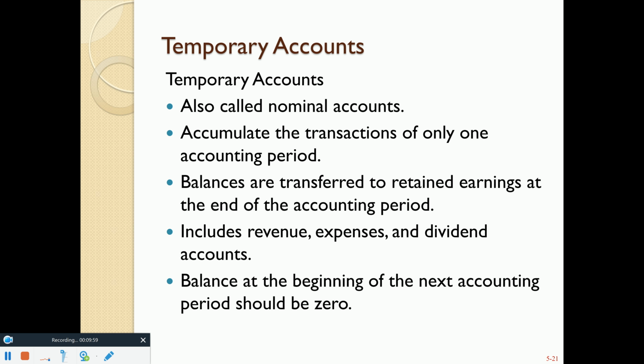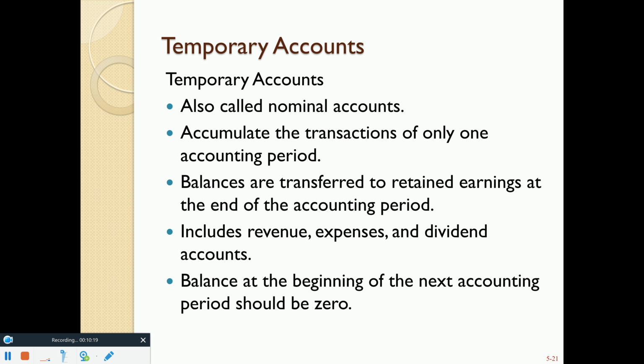And what are the temporary accounts? The temporary accounts are the red accounts: the revenues, the expenses, and the dividends. And basically what this closing process is all about is closing the red accounts out to retained earnings.